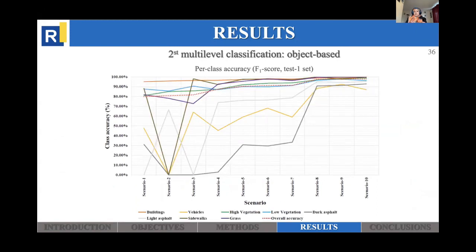The per-class accuracies followed more or less the same trend, except for the 3 problematic classes, dark asphalt, light asphalt, and vehicles, whose accuracies boomed during the last 3 scenarios with the inclusion of more calculated geometric and radiometric features. So we can see how their accuracies increased from scenario 8 up to scenario number 10.